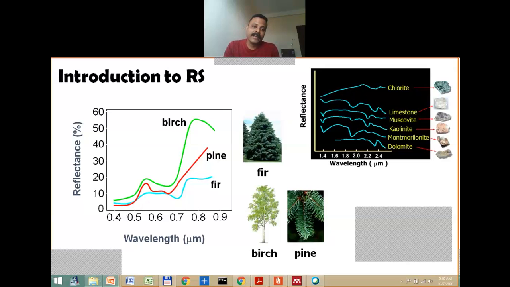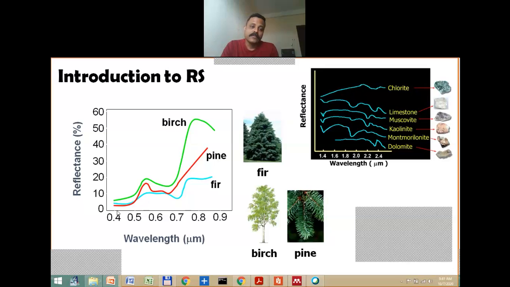Look at the x-axis, 0.4 micrometer, that means around 400 nanometer. How much is the percentage of reflectance? It's less than 10. That means the blue range is mostly absorbed by birch trees.